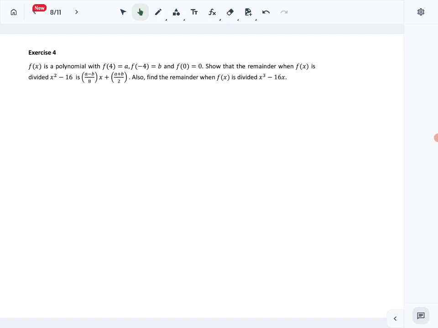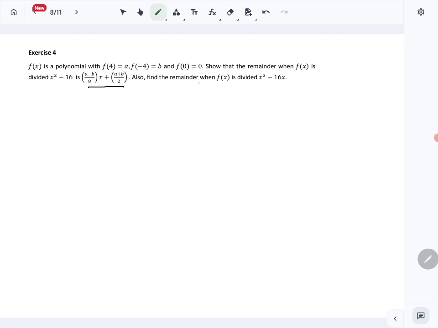Okay, now let's do another one. What is here? Exercise 4, right? So what is given here? We have a polynomial where f of 4 is equal to a, f of minus 4 is equal to b, f of 0 is equal to 0. We have to show that the remainder when f(x) is divided by x squared minus 16 is equal to this.